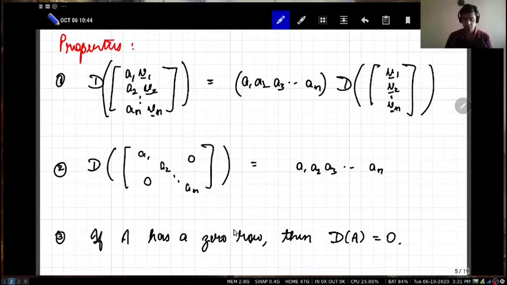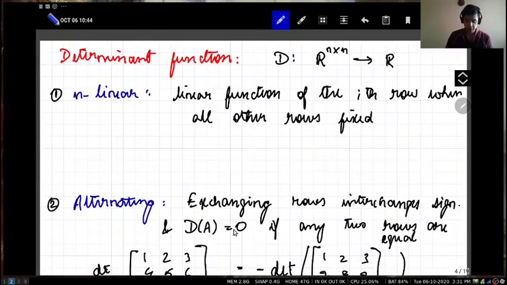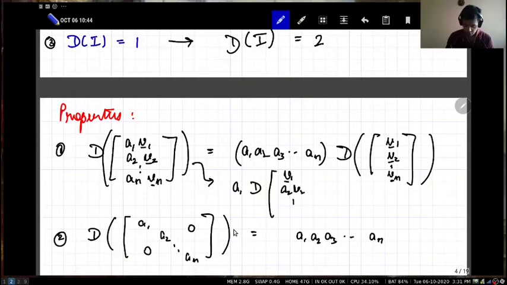Right. So the first property basically follows from the fact that D is n-linear. So D of a1 v1, a2 v2 up to an vn is a1 times D of v1, a2 v2 up to an vn, which is also equal to a1 a2 times D of v1, v2, a3 v3 up to an vn, and so on.